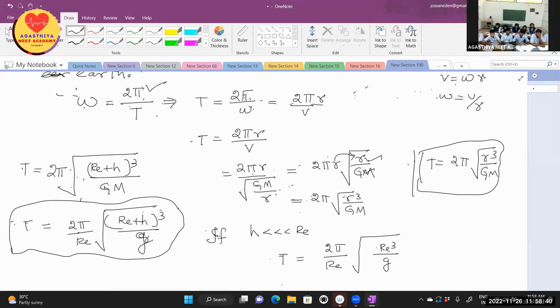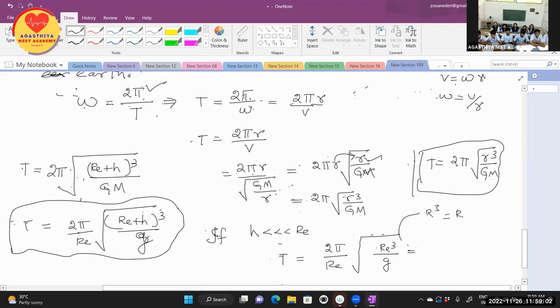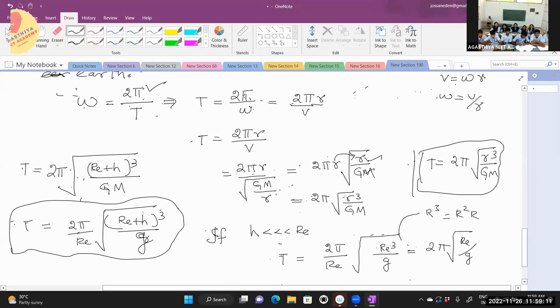RE cube becomes RE squared into RE. Take RE squared outside, it becomes RE in the numerator, divided by RE in the denominator. It will get cancelled. Are you following? Finally, it becomes 2 pi root of RE by g. Very good.